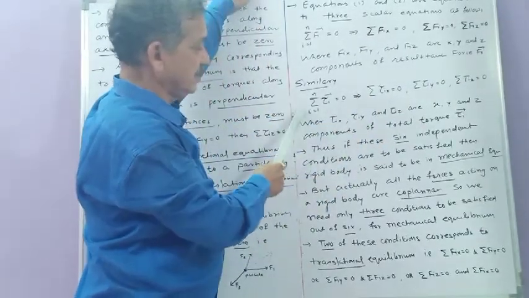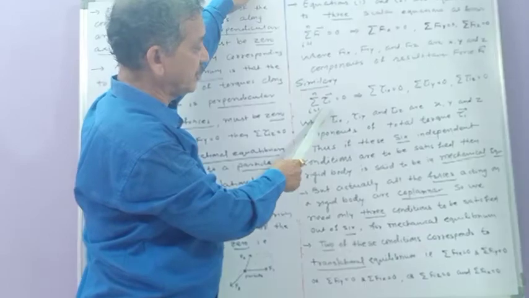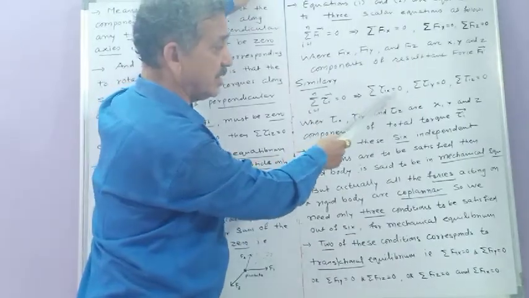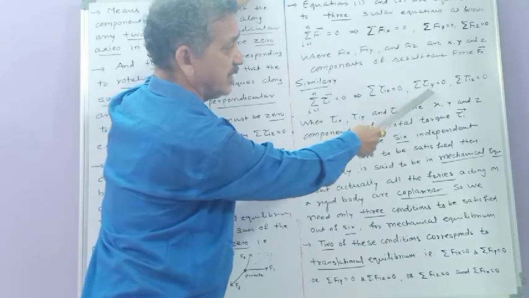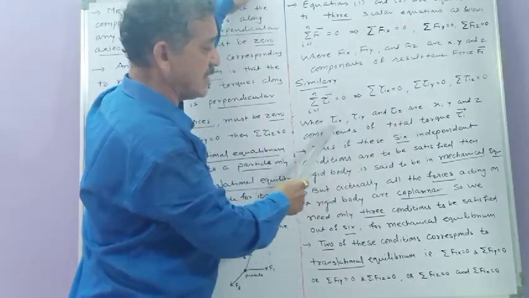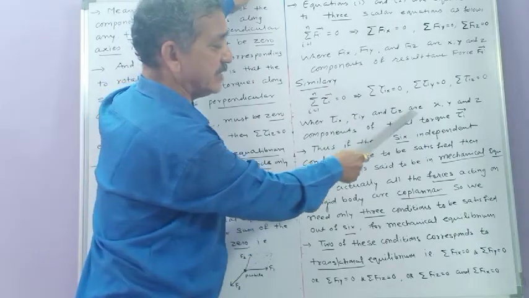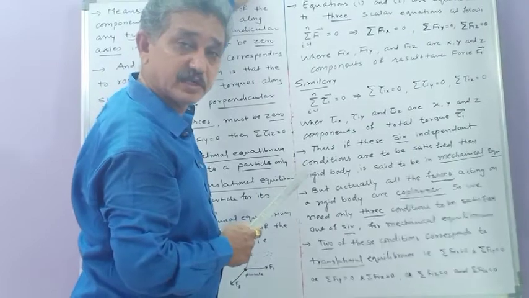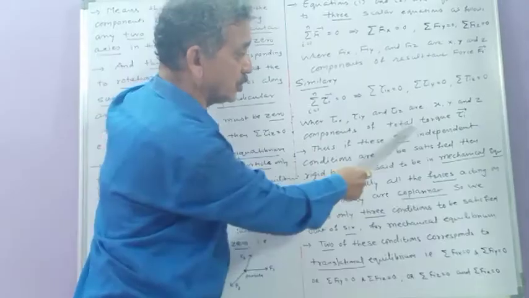Similarly, the resultant external torque acting on the rigid body being 0 from i equal to 1 to n implies sigma Tix is 0, sigma Tiy is 0, sigma Tiz is 0, where Tix, Tiy, and Tiz are the x, y, and z components of the resultant external torque or total torque Ti.